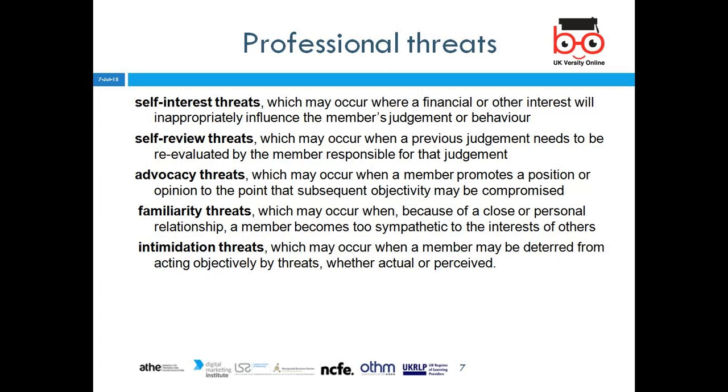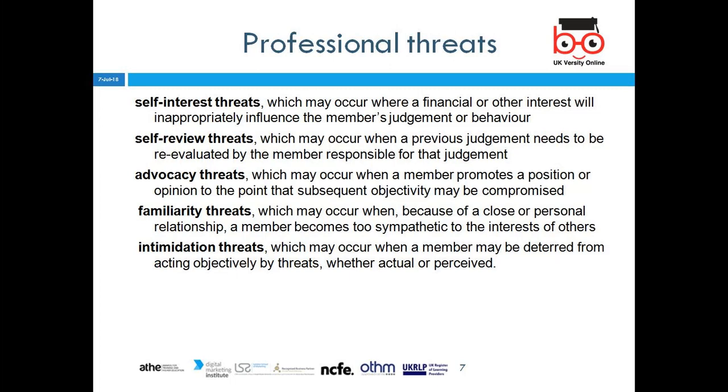Advocacy threat occurs when the member promotes a position or opinion. We'll say, no, we are right, our own opinion, maybe our own religious element. So we just need to draw the boundaries and keep business and religion as separate elements.